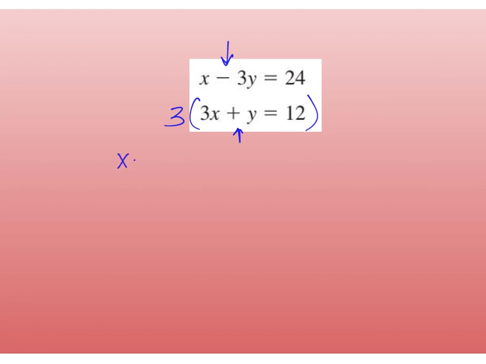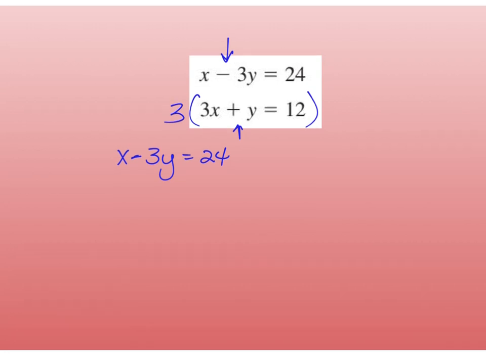So x minus 3y equals 24 is going to stay just like that. And now I'm going to multiply the second one. This will become 9x plus 3y equals 36.